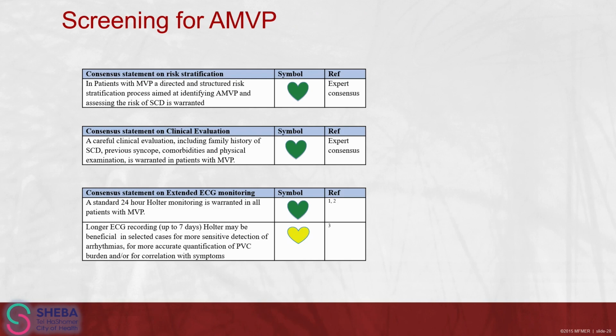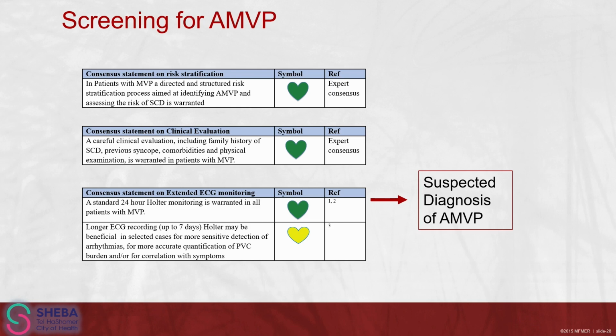Coming back to the consensus document and our approach to the patient, we suggest actively screening all patients with MVP for the arrhythmic variant, using careful clinical history taking and performing at least a single Holter in a lifetime. Obviously, some patients need more than that, but that is, we think, the minimum. If we document enough arrhythmia in a patient with MVP, then we have a suspected diagnosis of arrhythmic MVP.